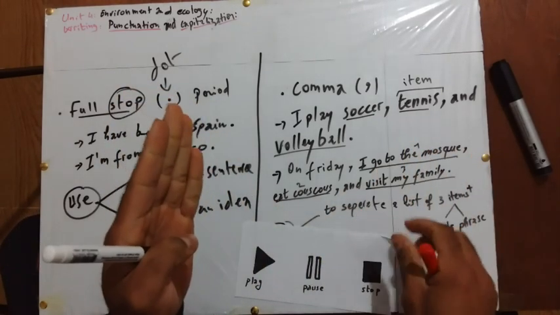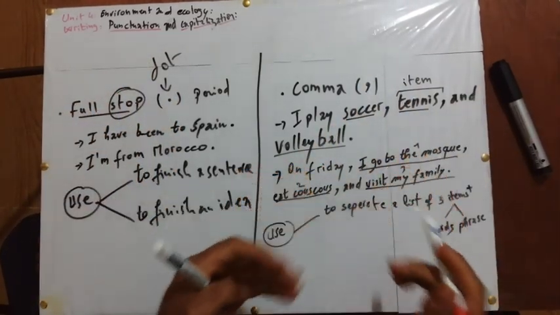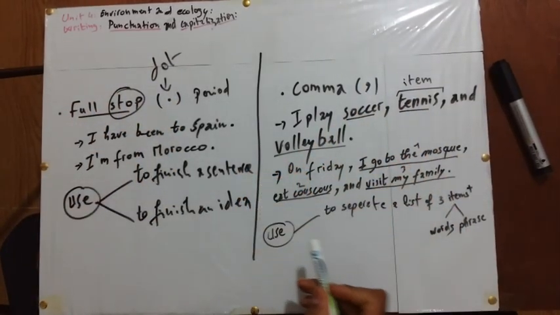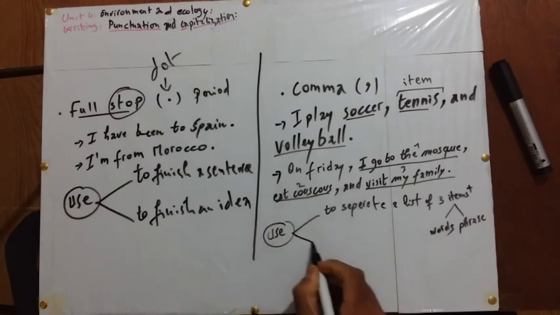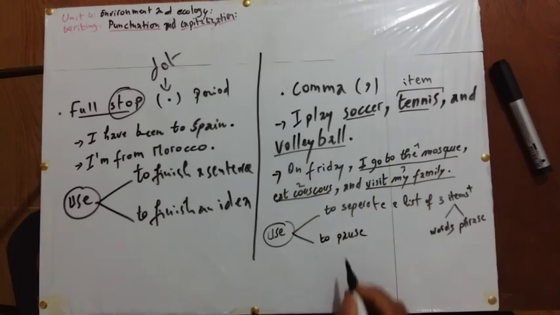I stop for a short while, just a short time. On Friday, I go to the mosque, eat couscous, and visit my family. So we use the comma also to pause, as in this example. So far, so good? Great, let's move on.